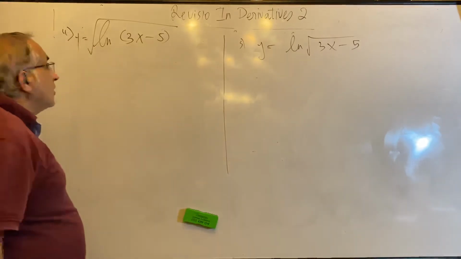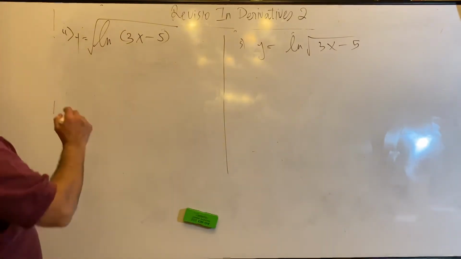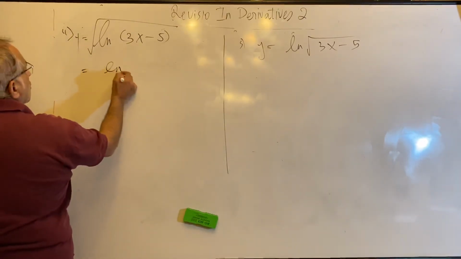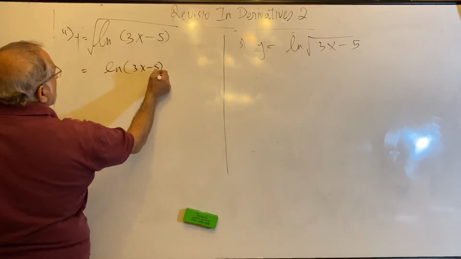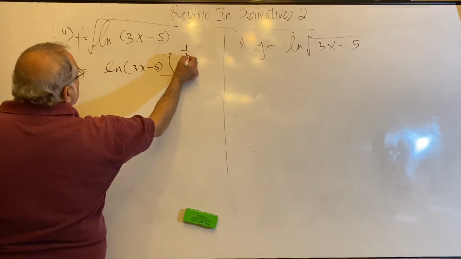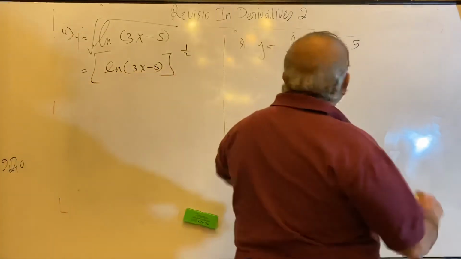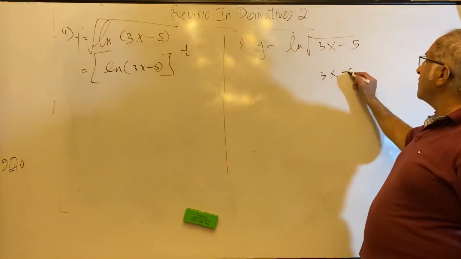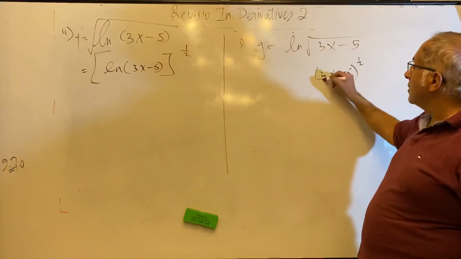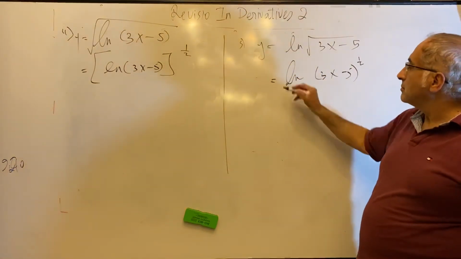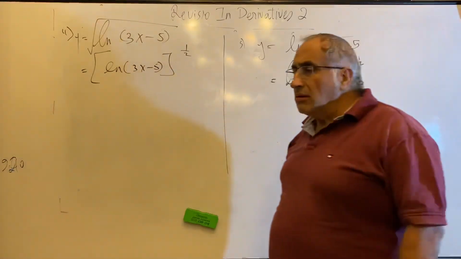Excuse me, there's a little difference. The only difference is you rewrite it like this using the power half. That's the only change, so this will be (3x minus 5) to the power half, but all inside the ln. So this is the chain rule, like the power rule.